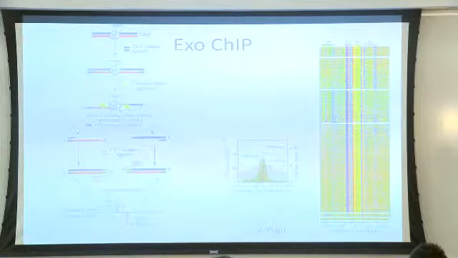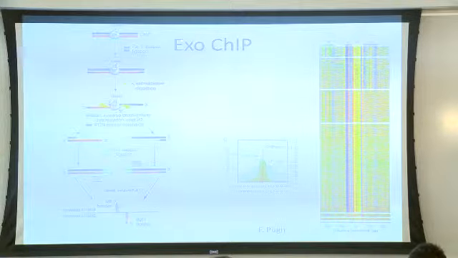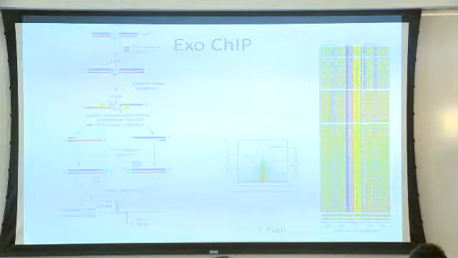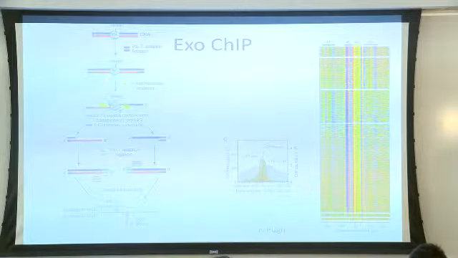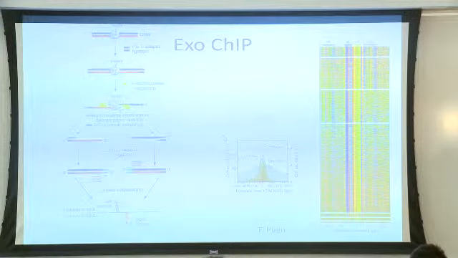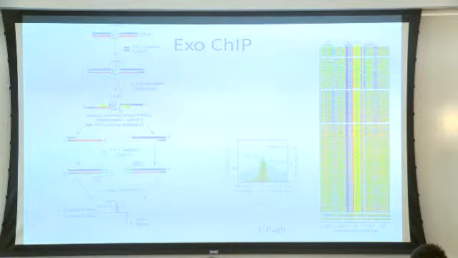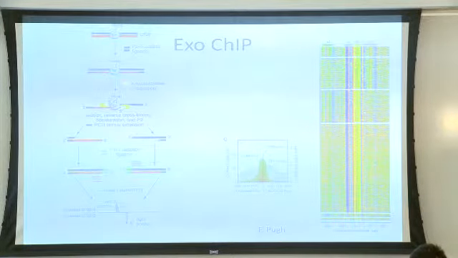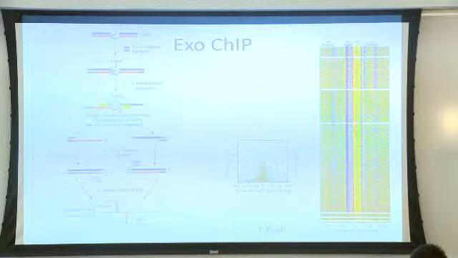And in this method, once you have pulled down the DNA, it's subject to digestion with a very particular enzyme called lambda exonuclease, which has the property of chewing the DNA in a 5' to 3' direction. So you see that this blue piece is missing here, and this red piece is missing here.